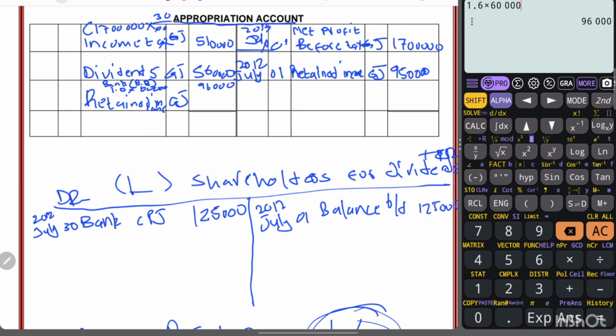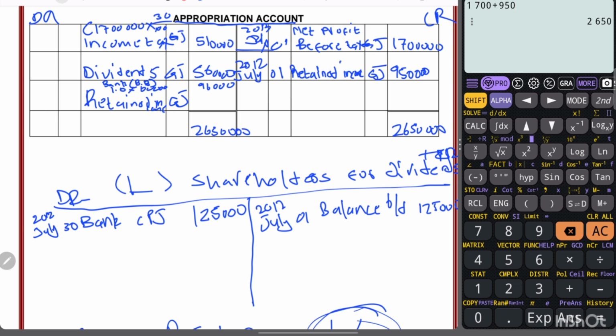Okay, now let's calculate now our return income balance. We're gonna balance it with the bigger side, and the bigger side obvious is the credit side. Then let's balance it now. 1,700,000 plus 950. We're gonna close it off with 2,650,000.